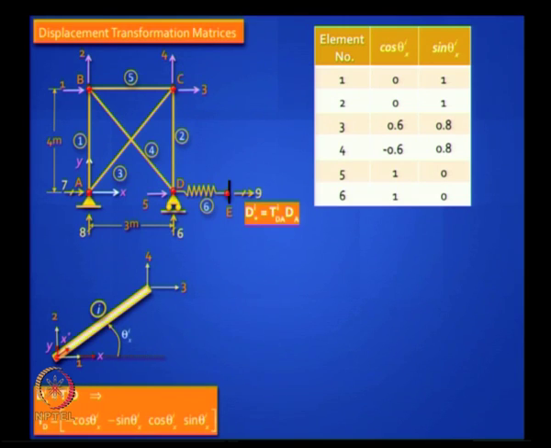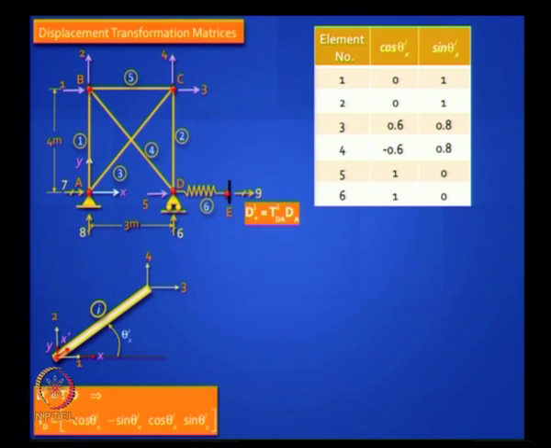The axial system was very easy because you had only 0 and 1. Now you have this cos theta sin theta coming into play, but there is a method in the madness. Your actual TD matrix, what is the full size if you include TDA and TDR? How many columns will you have?